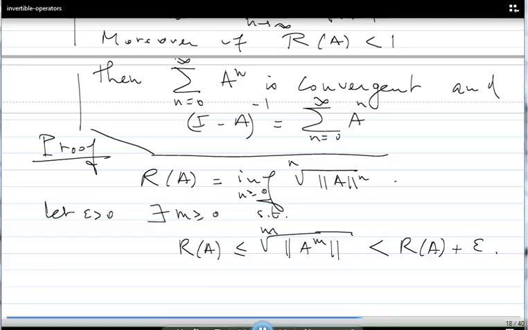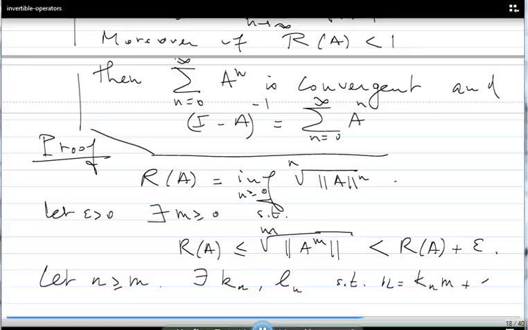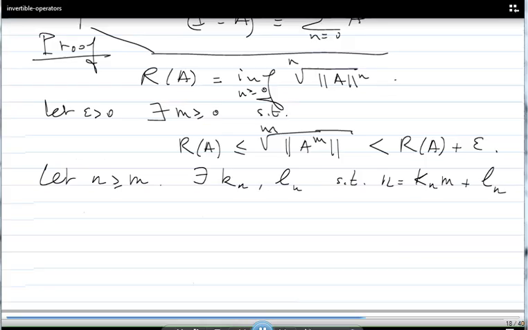Now let n be greater than m. If we take the division of n by m, we get integers k_n, l_n such that n is k_n m plus l_n, which is the remainder. We know that l_n is between 0 and m minus 1.